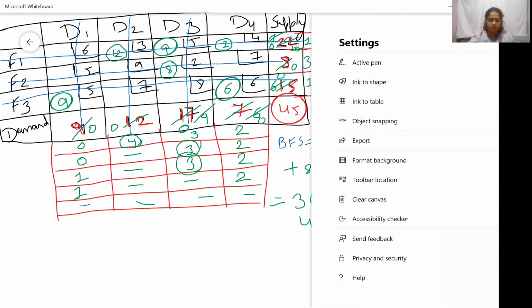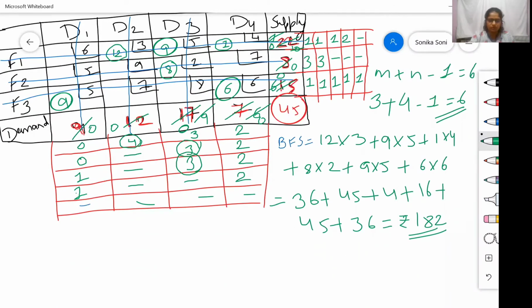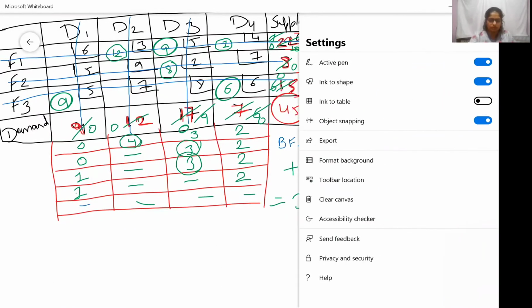Now we'll move on to solving the question with all the three methods.